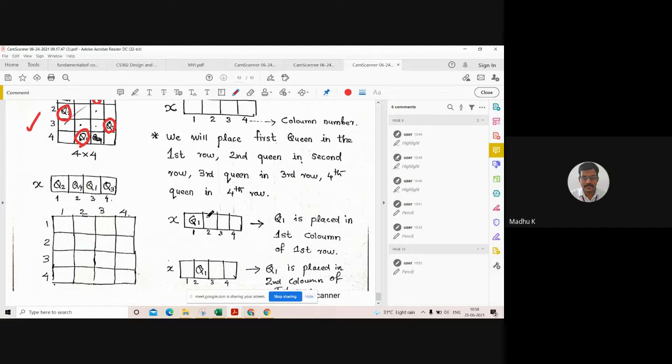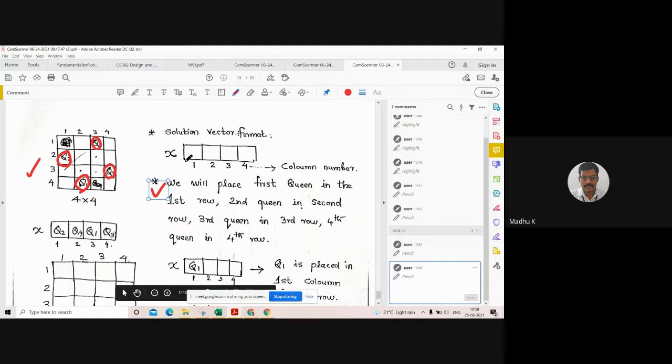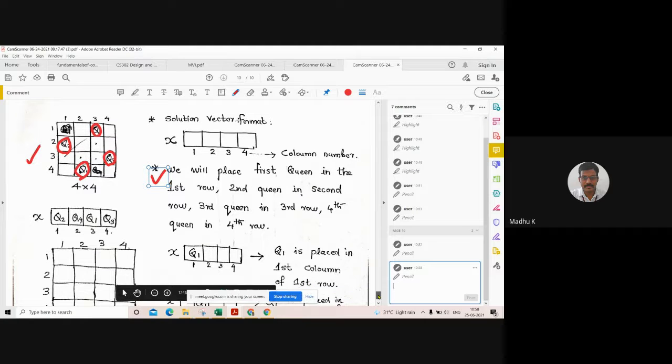In that way I defined the solution vector. I took this assumption, then I defined the format. So this is a one dimensional array.